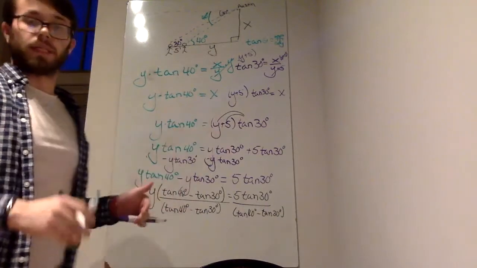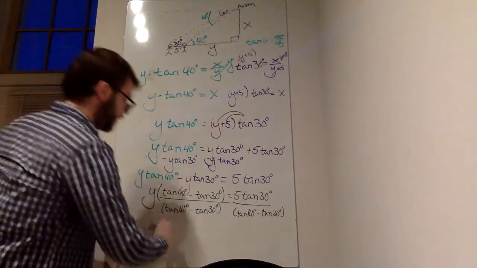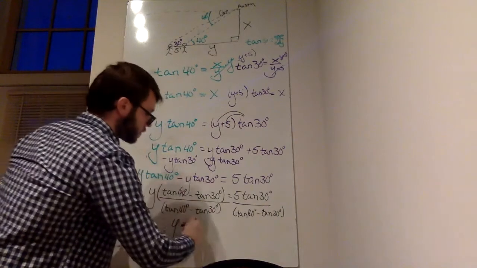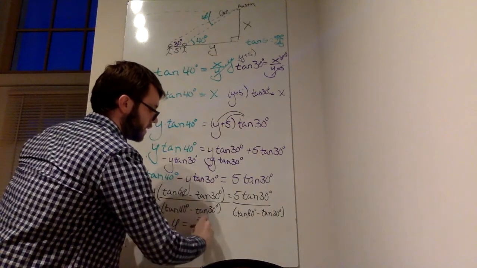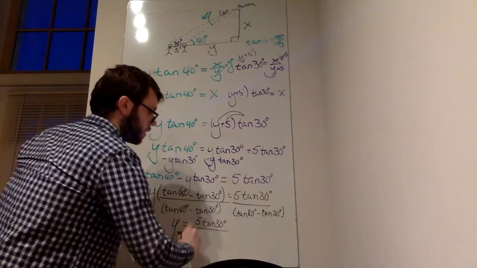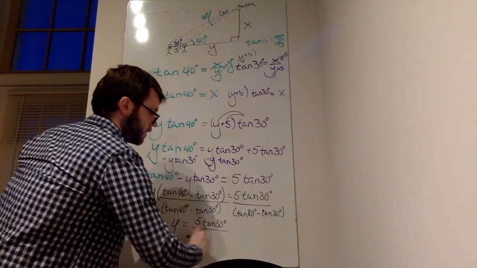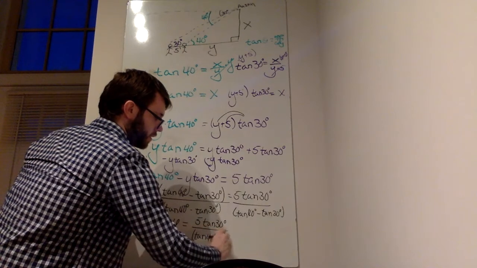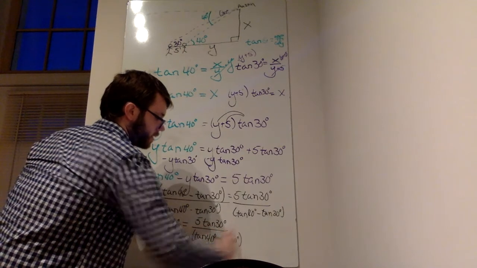Any number divided by itself is just 1. So we're left just with y is equal to 5 times the tangent of 30 degrees divided by the tangent of 40 degrees minus the tangent of 30 degrees.